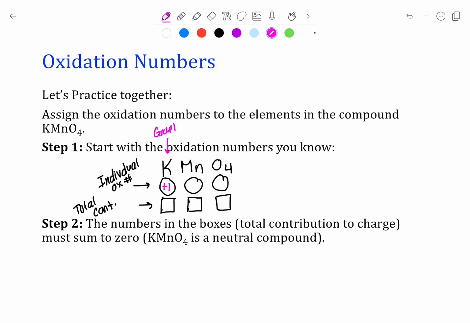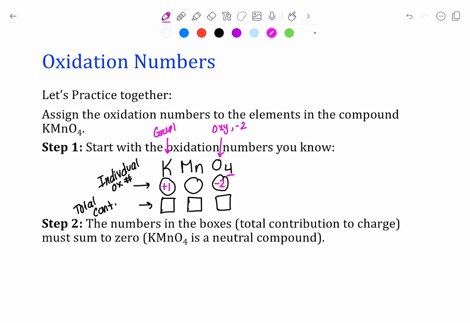We don't know manganese. We don't have any rules for manganese, but we do have a rule for oxygen. Oxygen will always have a -2. So that's just for one individual oxygen atom. So we put that in the circle because it's for an individual oxygen. In KMnO4, there are 4 oxygens.